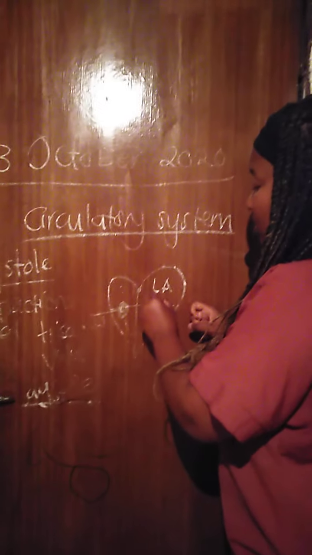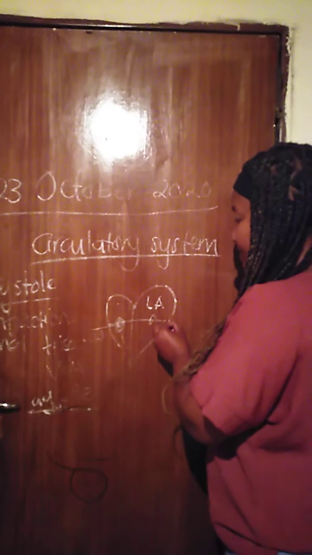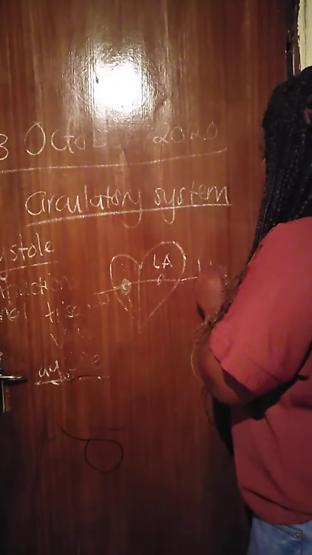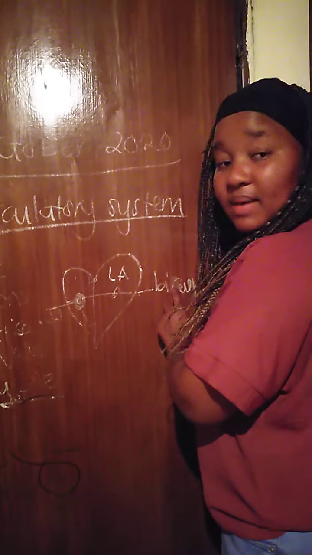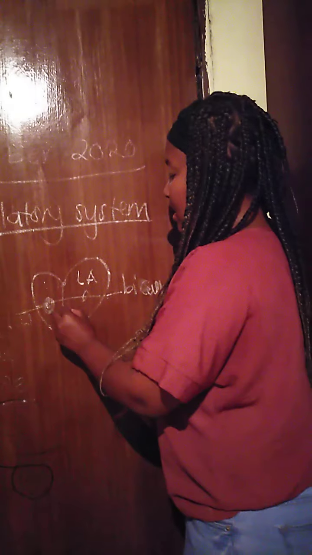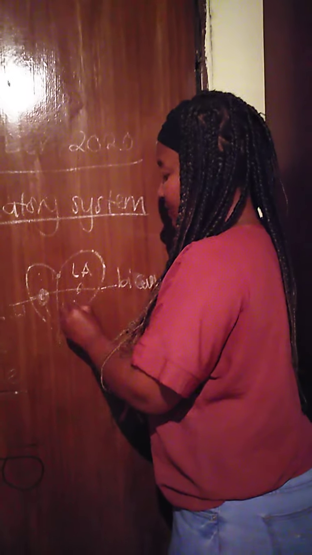The blood will then pass the bicuspid valve, and then go to the left ventricle.